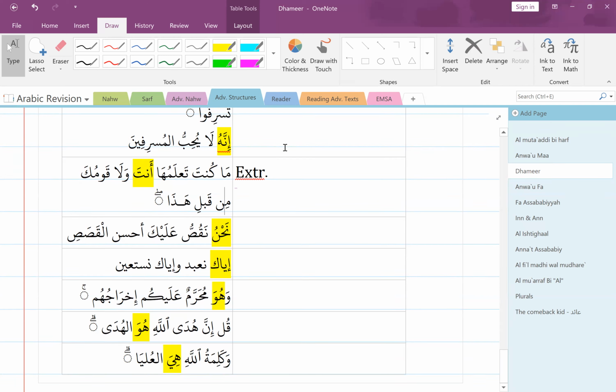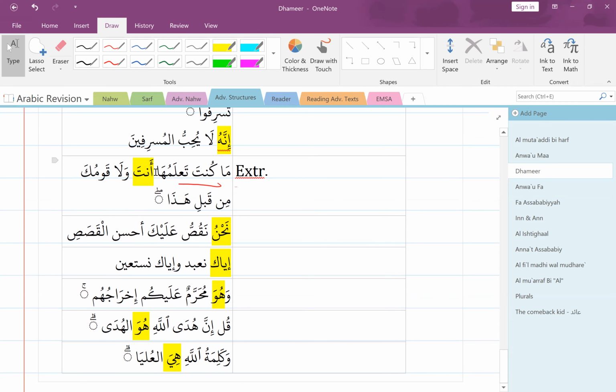You and your nation, and then the fail. That's what I'm trying to put, the fail, but it's not, because it's a whole negation over here. Ma kuntu will go in past tense, right? Didn't know it from before. You and your nation didn't know it from before. Yeah, something like that. Anyway, so basically that's the idea.